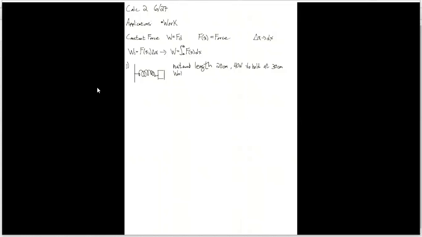So work from moving the spring, or this box here, from 35 centimeters to 38 centimeters. So go ahead and take a few minutes, and then we'll start working on it.